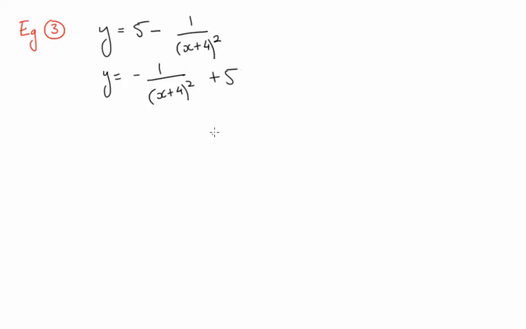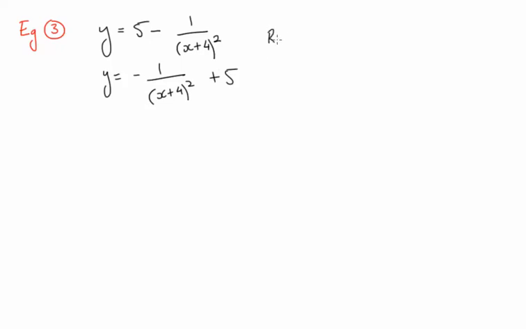Looks like this, we can do our DRT. So we're starting with a basic truncus. Let's look at dilation. Well, that's a 1. That's a coefficient of 1, so no dilation. Let's look at reflection. Yeah, definitely. There's a negative out the front. That means we're flipping in the x-axis.